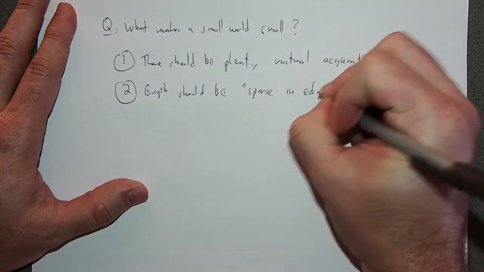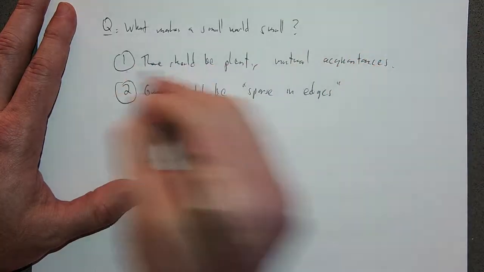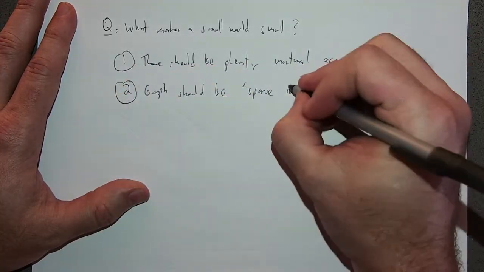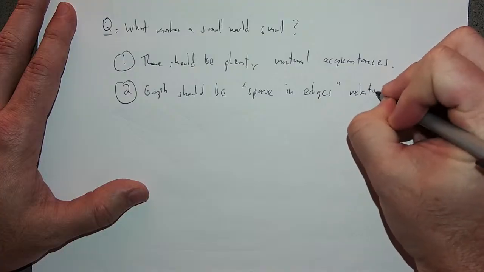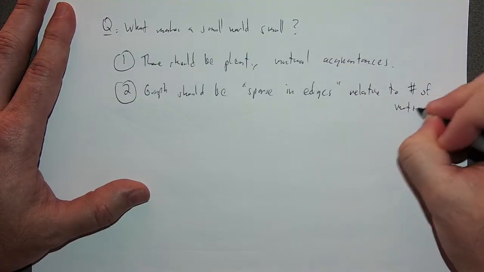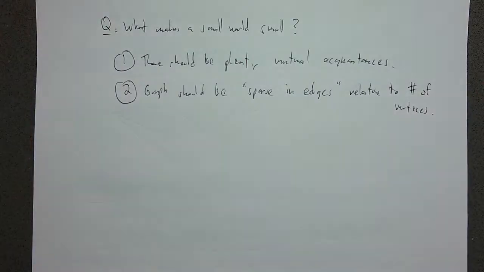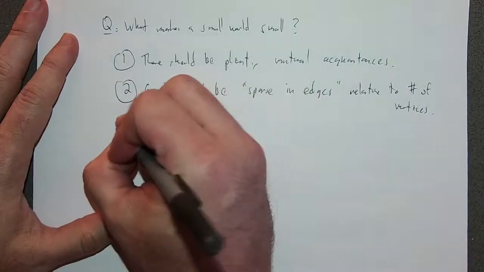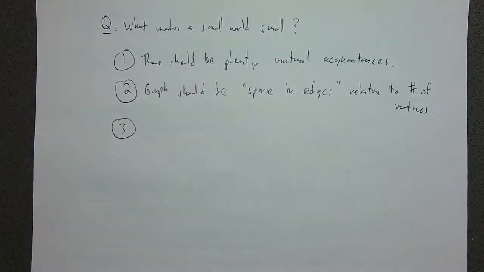So not so sparse in edges that the first thing is false, but relative to the number of vertices, there should be significantly less edges. Okay. All right. What next?